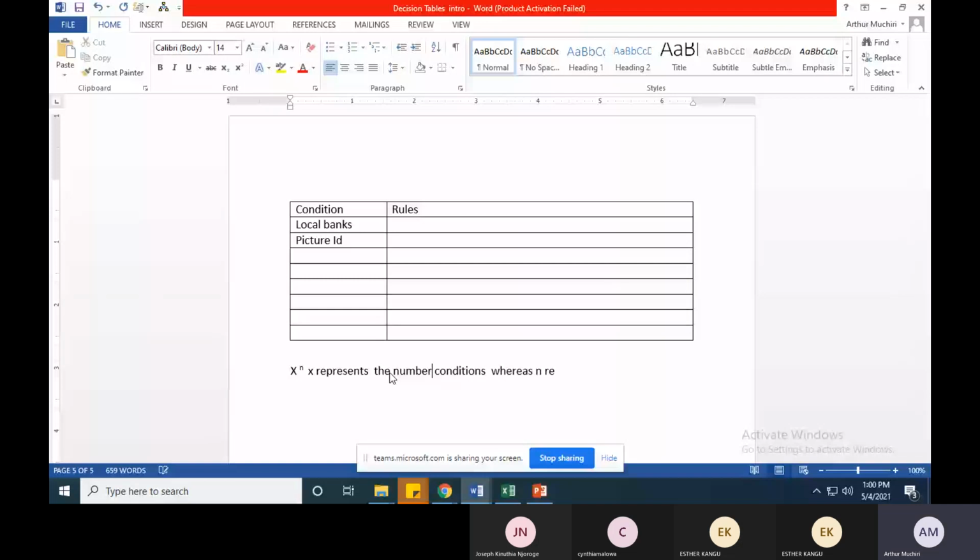Whereas n represents the number of alternatives.